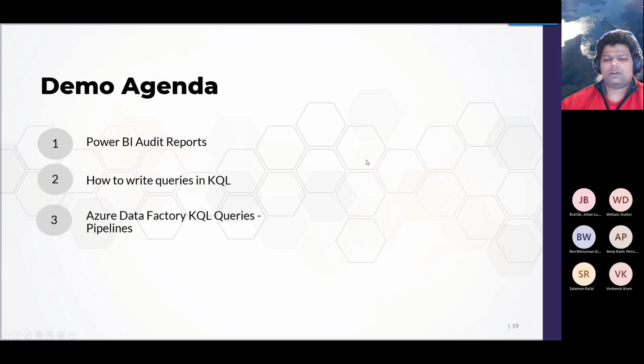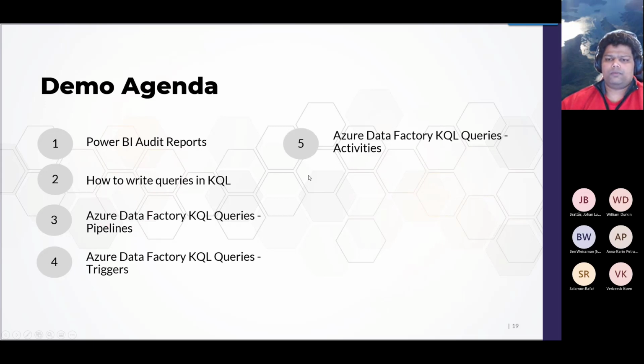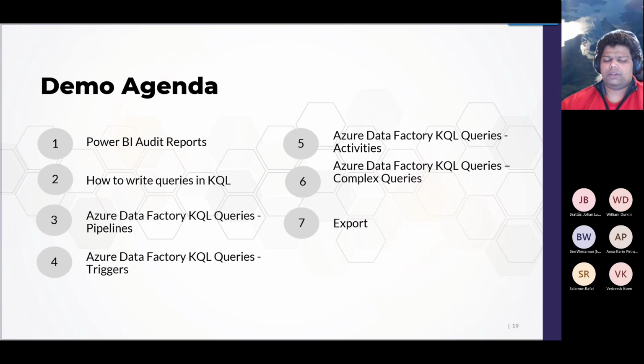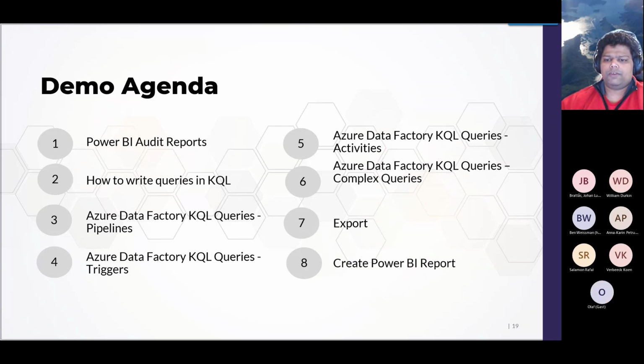I'll show you how I actually got information about the pipelines using KQL for my reports. Then I'll take you through some triggers and why I've got queries about triggers. Then we'll have a look at activities and how to get activity information out. Then I'll take you through some complex queries that I've written. Then how do you take these queries and export them to Power BI as well? So I will give you a full view of what I did to build this solution.